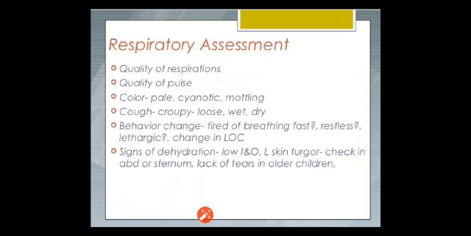Check abdominal and sternal muscles also. The skin of the abdomen and sternum also becomes scaly, tightened, contracted. From this we can observe the signs of dehydration relating to respiratory disorders. Lack of tears we can see. Lack of tears in older children is a sign of dehydration.